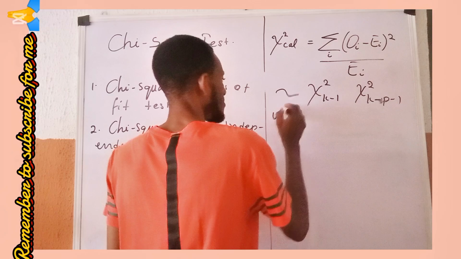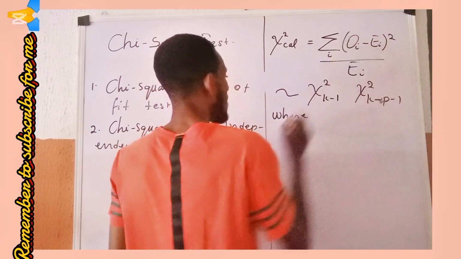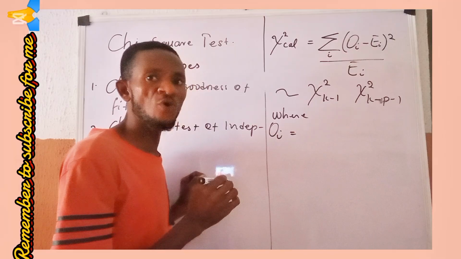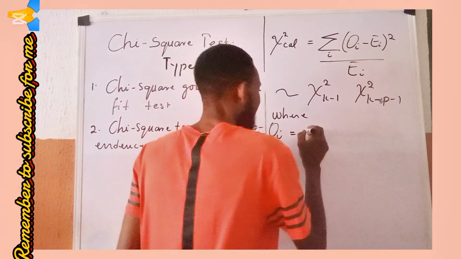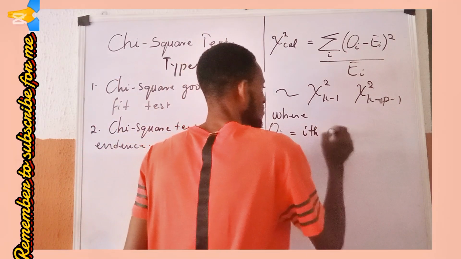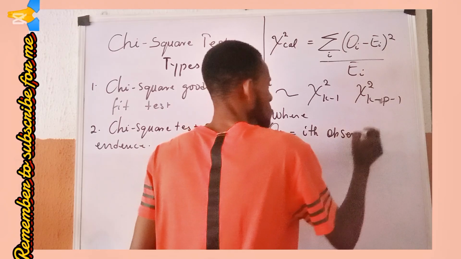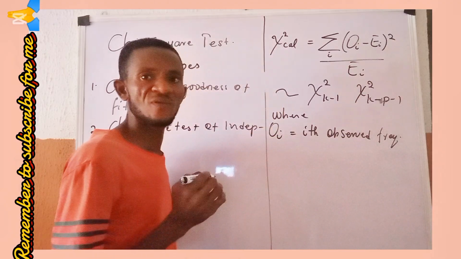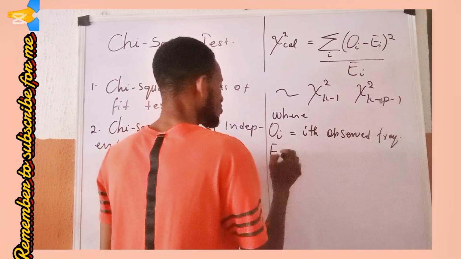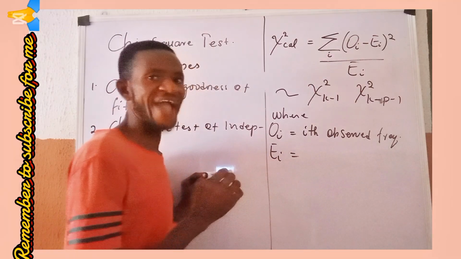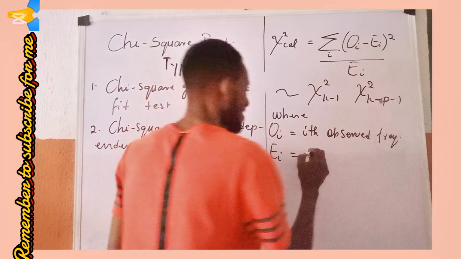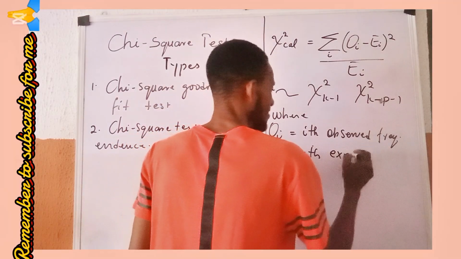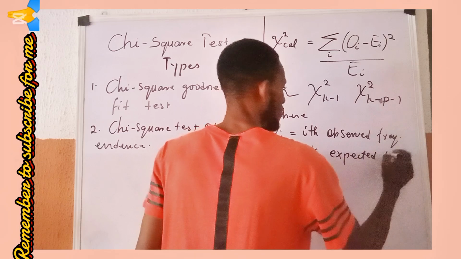Where our O subscript i is the ith observed frequency, and our E subscript i is called the ith expected frequency.